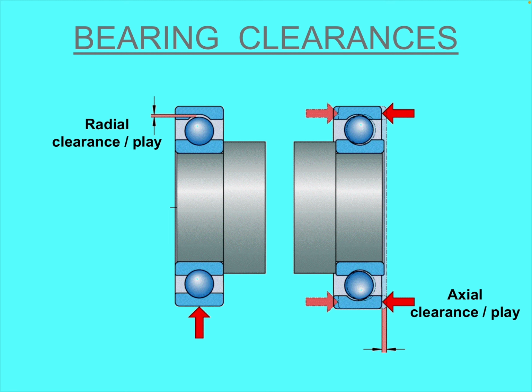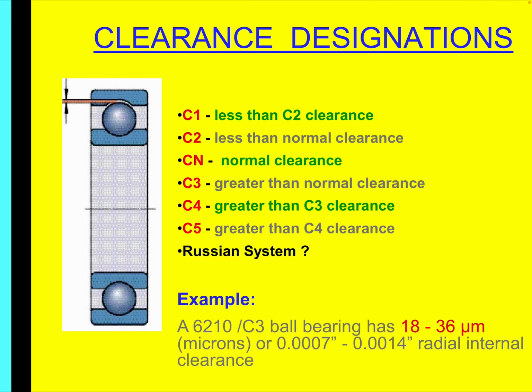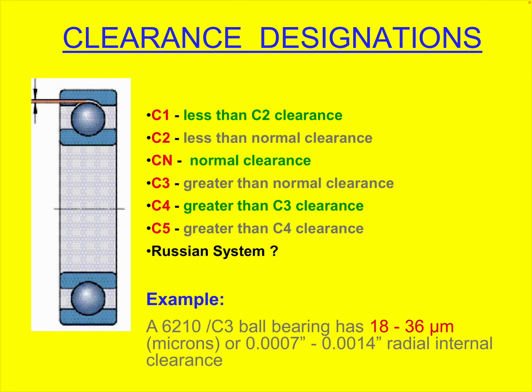Bearing clearance is the play within the bearing, how much play there is in the contact between ball and race. This is the axial clearance; for the angular bearing, it is how much angle the contact allows, the play for the axial clearance.